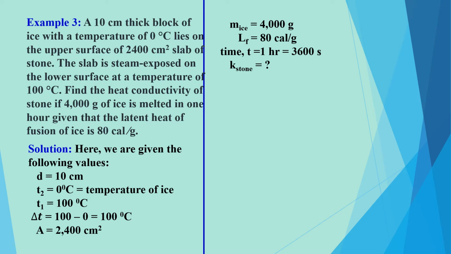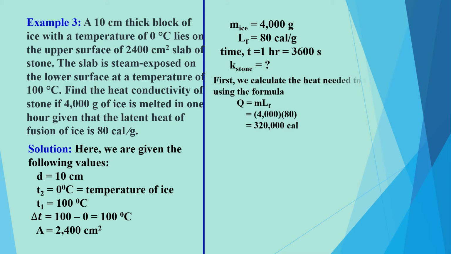And the area is 2,400 centimeters squared. The mass of ice is 4,000 grams. The latent heat of fusion of ice is 80 calories per gram. And the time is 1 hour or 3,600 seconds. We are required to find the heat conductivity of stone.